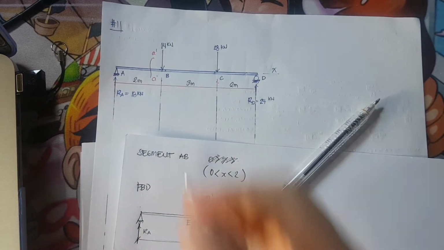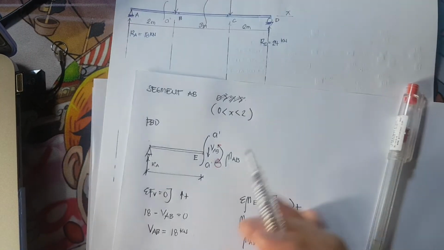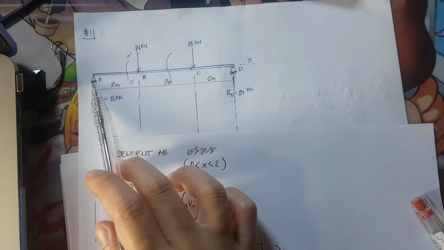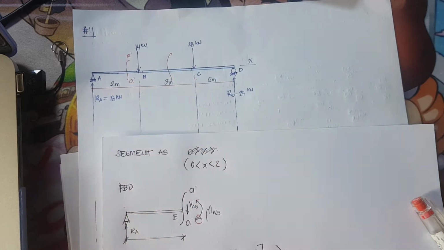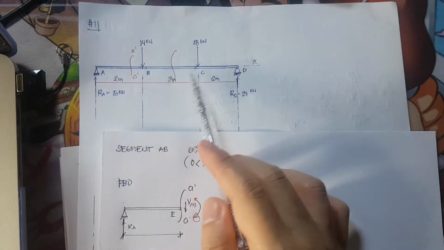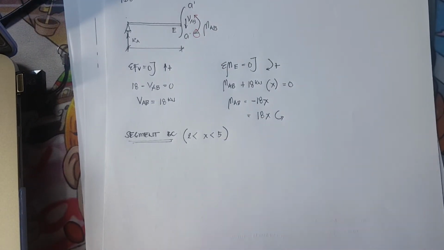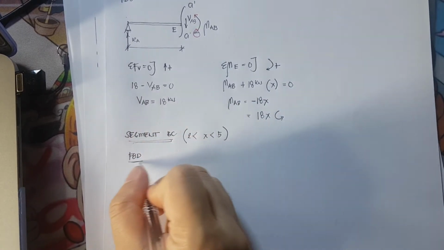But please be careful, because even though I am considering a segment from 2 to 5, I will still be starting at the start. So from this point up to this point, any point before C for segment BC. For that, I'll be redrawing the free body diagram, the FBD.